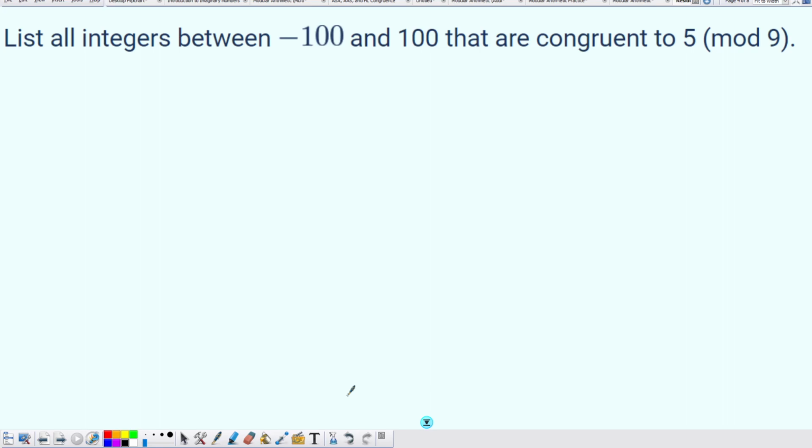Now, in order to determine this, we can think of it in terms of the remainder. We want our remainder to be 5.